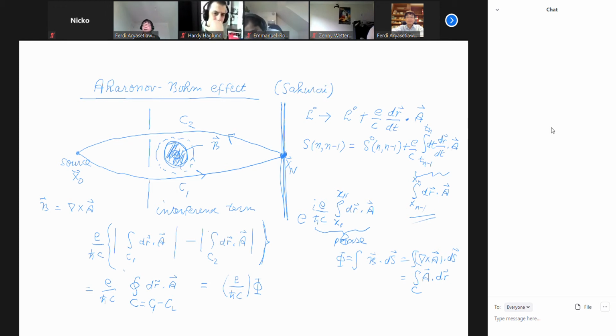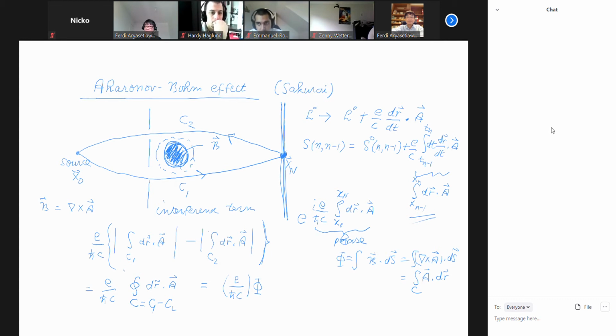The funny thing about this effect is that the particle actually never goes into the region where the magnetic field is finite. The magnetic field is entirely confined in this region here, and so the particle actually never enters that region where the magnetic field is not zero.